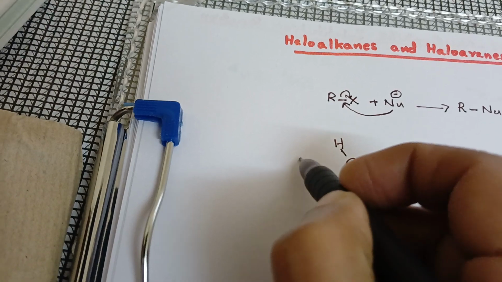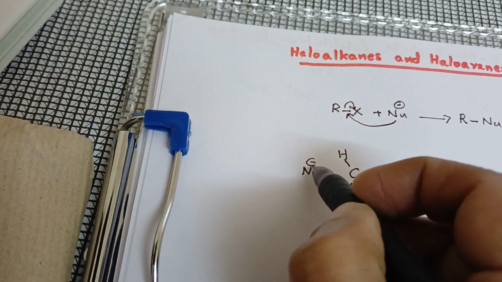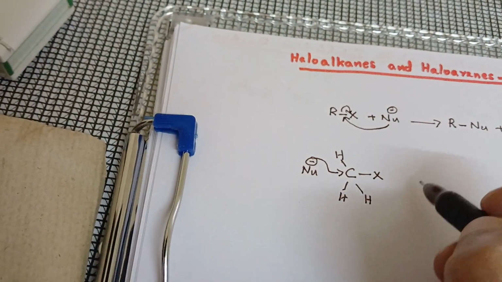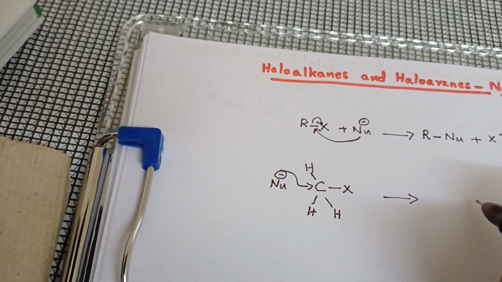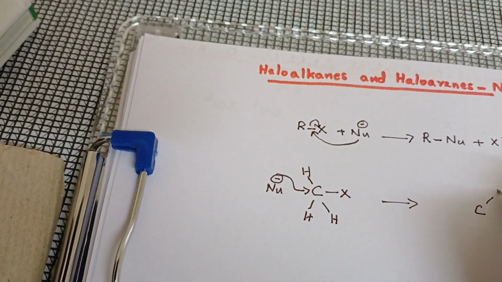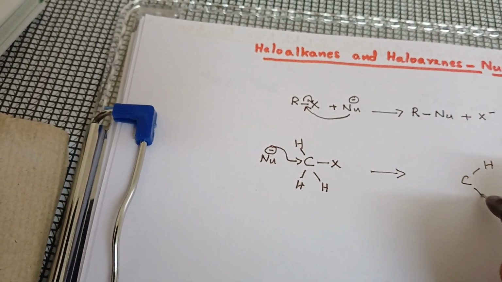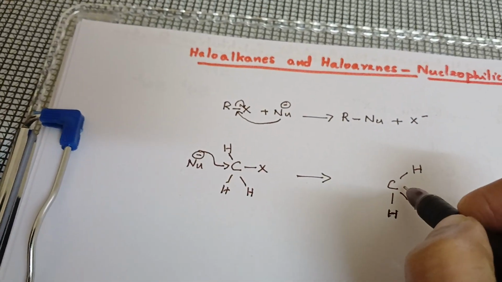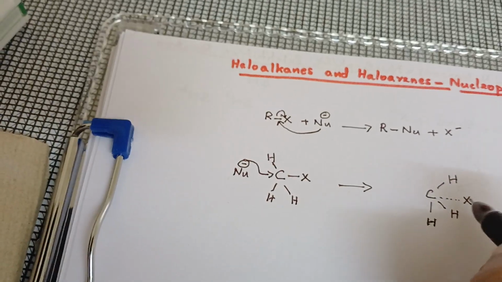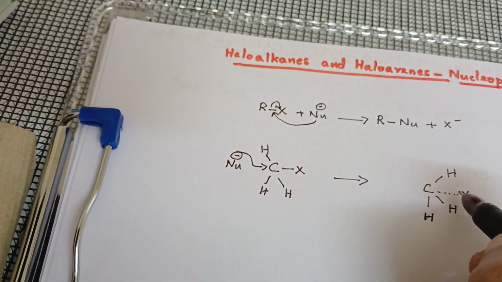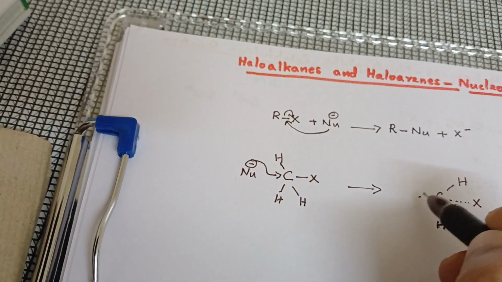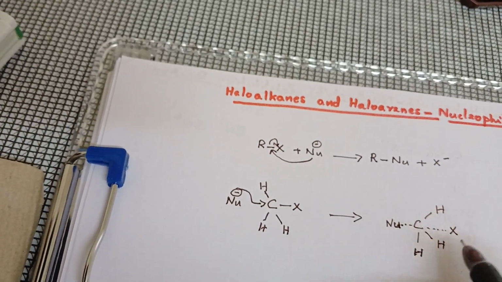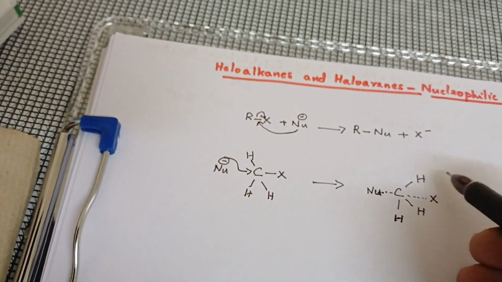You have a nucleophile approaching it and it is attacking the methyl halide, and as a result you are getting a product like this, where the chlorine or the halogen is still attached to the carbon and the attacking nucleophile is also just attacking or just getting attached, and the chlorine or the halogen is just leaving.